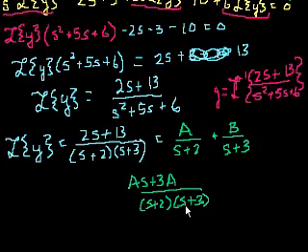This, as I've written it, is the same thing as a over s plus 2. You could cancel out an s plus 3 on the top and the bottom. And now we're going to add the b to it. So plus, well, if we have this as the denominator, we could multiply the numerator and the denominator by s plus 2, to get bs plus 2b. And that's going to equal this thing.